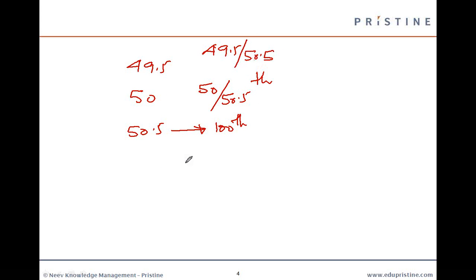That is, instead of valuing against a maximum score of 100, you recalibrate your ranking against the topper's marks. This way your standing improves. Now your 49.5 out of 50.5 is very close to 95, more than 95. So now you become 95th percentile.